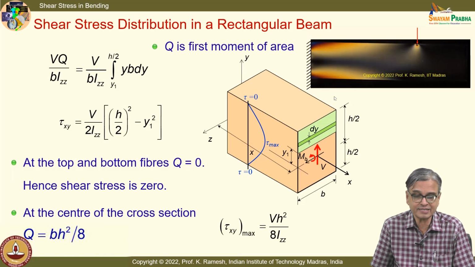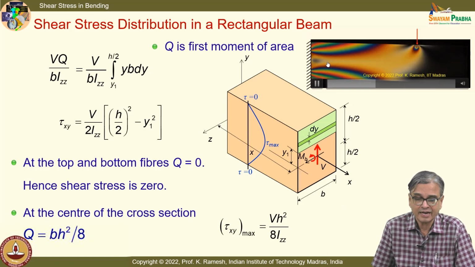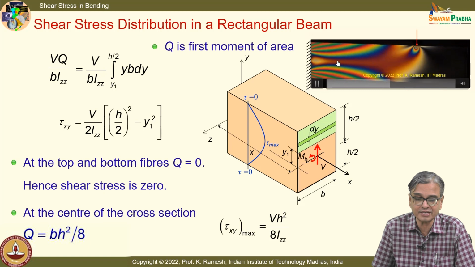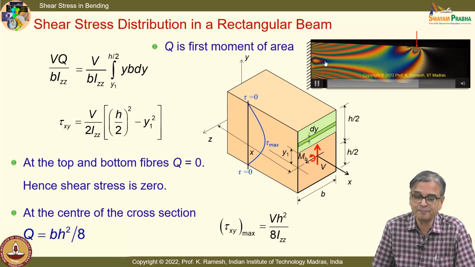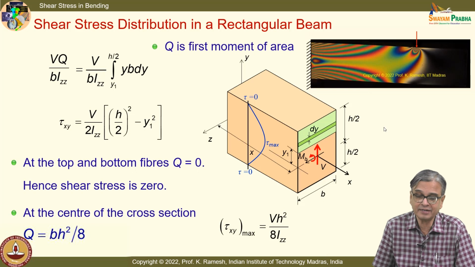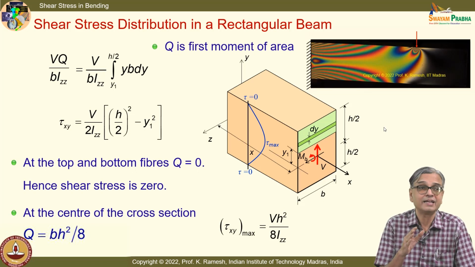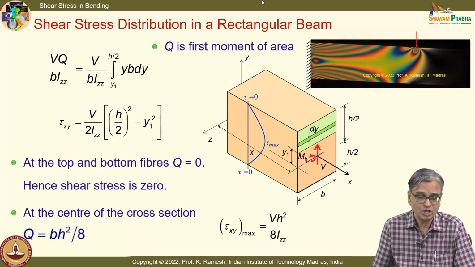And I have also said I have a cantilever beam, and I asked you to observe what happens to the centroidal axis, whether it is remaining black. It was not black, it has acquired a color. See, in an experiment, whether the value is small or big, it is the truth. Right now what we have discussed is the variation of shear stress.